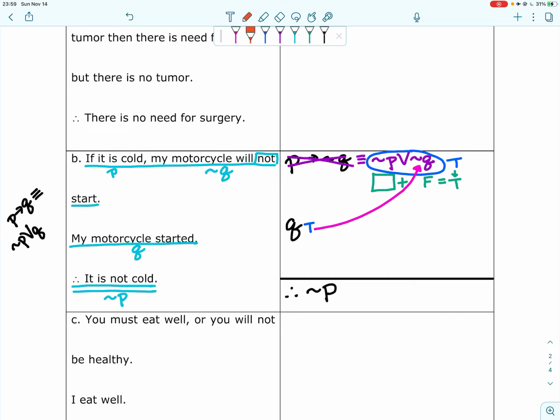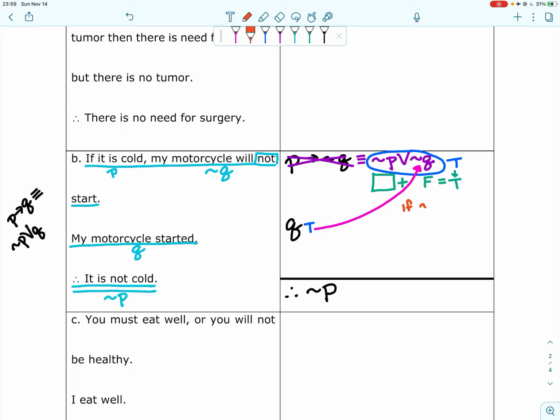So I'm going to look at how I could get there. I'm going to look at the two possible ways that not P could be. Not P could be true or it could be false.